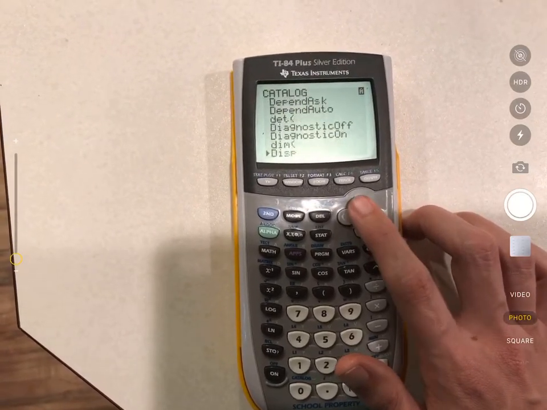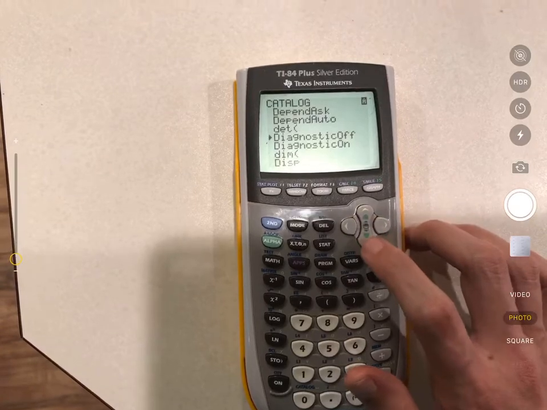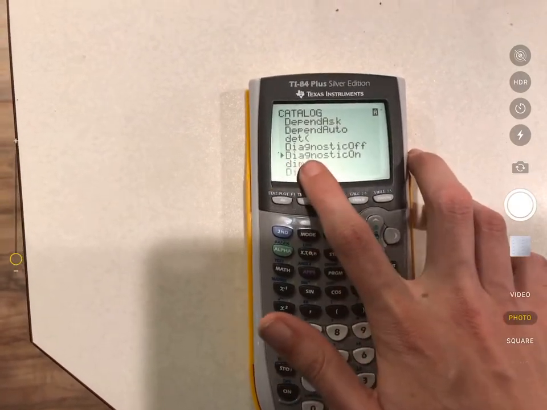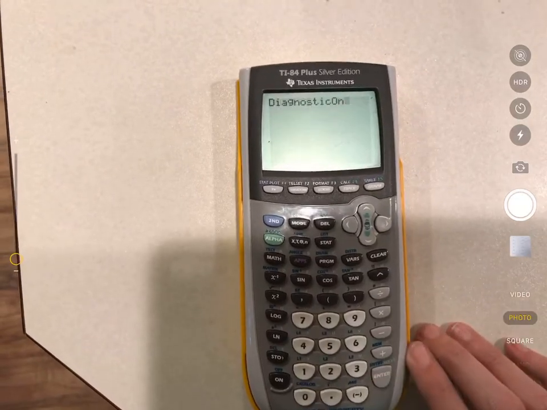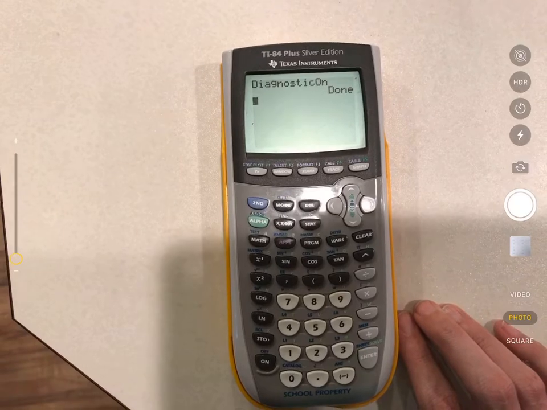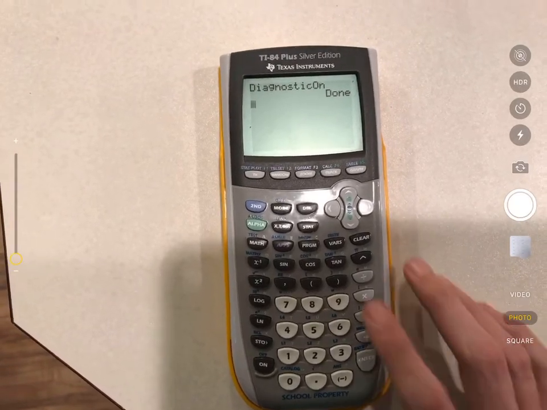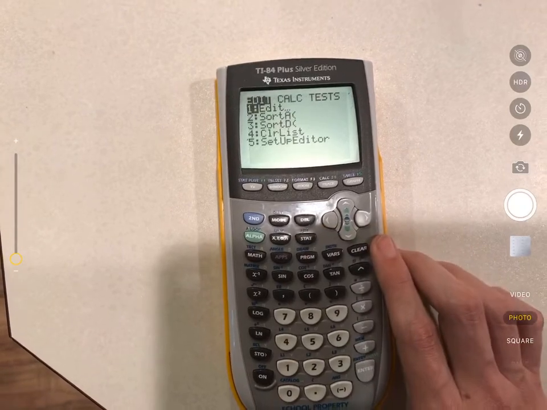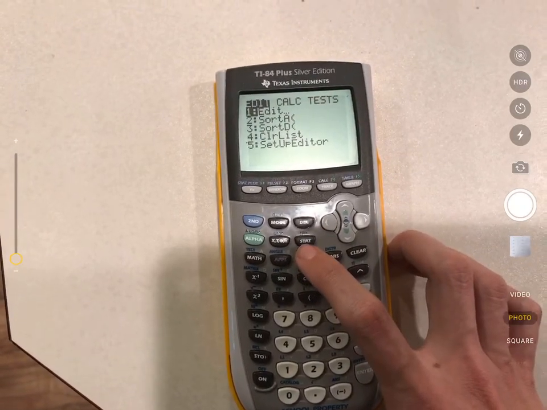So I have two choices here, diagnostic off, diagnostic on. So you want your little triangle pointing to diagnostic on, you want to hit enter, and then enter one more time, and then your calculator says that the diagnostic is on. So from here, if we're wanting to perform a linear regression, we hit statistics, STAT right here.